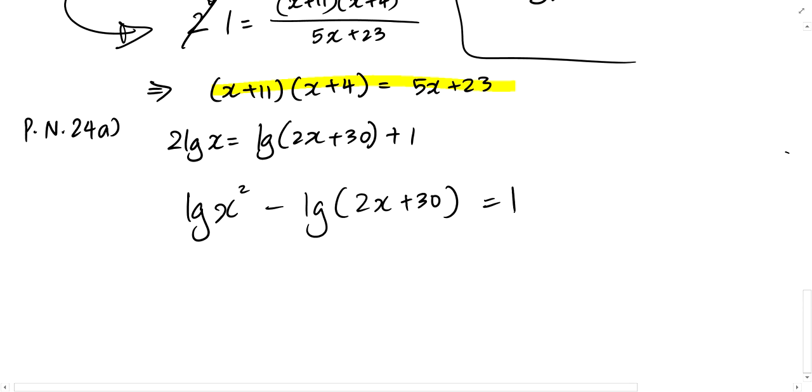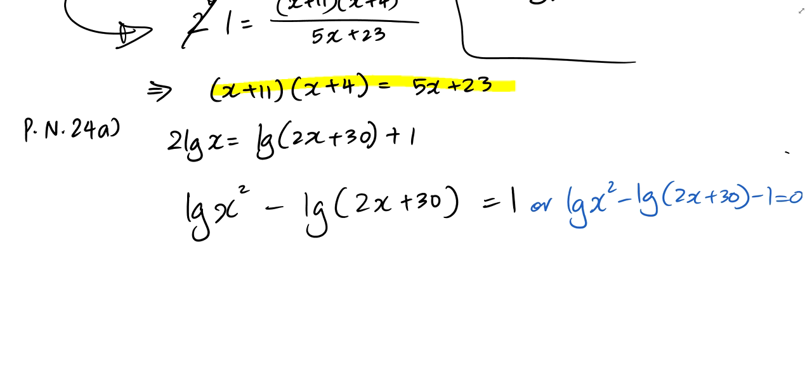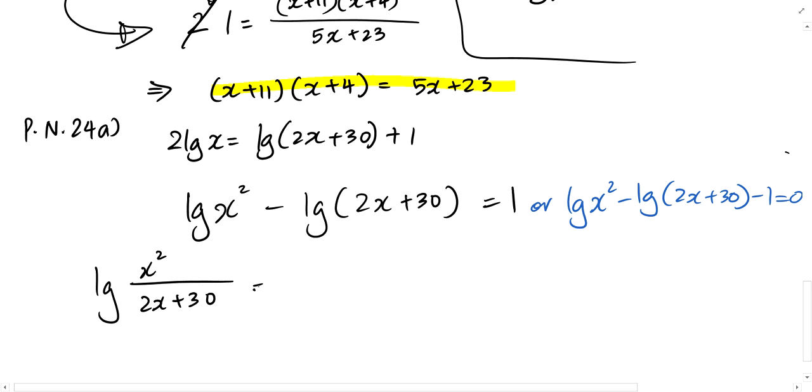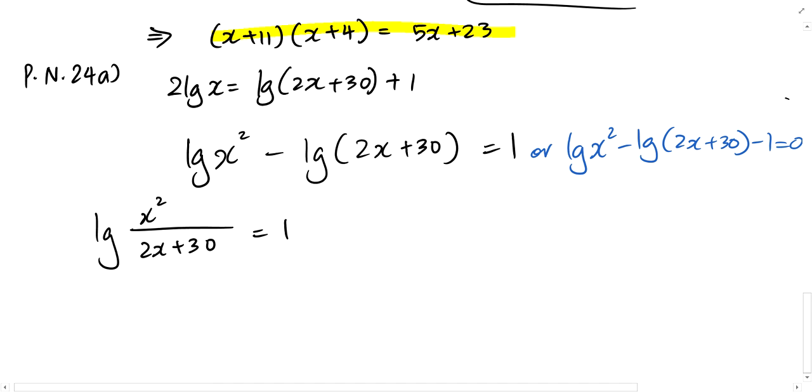Yeah, I can do this, or log x squared minus log(2x + 30) minus 1 equals 0. Okay, these are the two options. So for the first one, I get log of x squared over (2x + 30) equals 1. It's just a combination of our two logarithms using the quotient law.